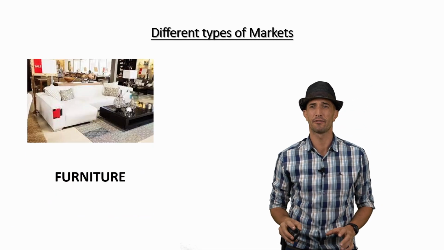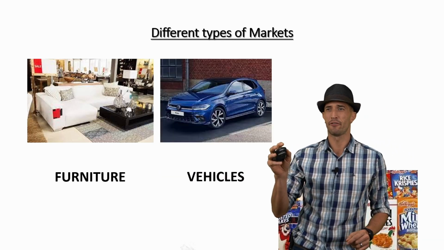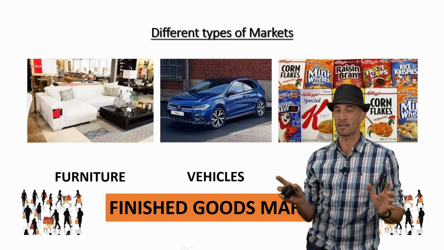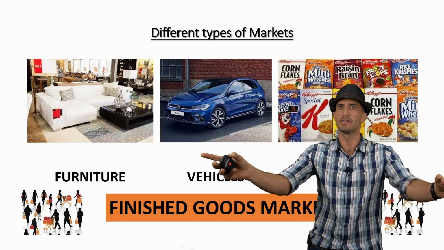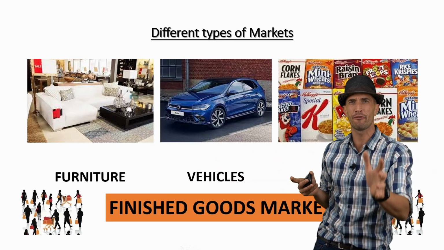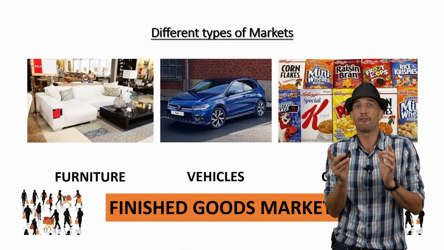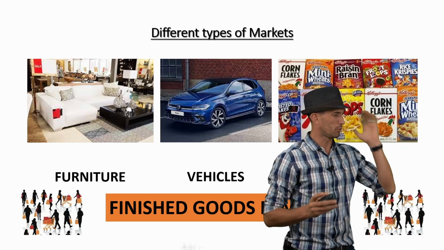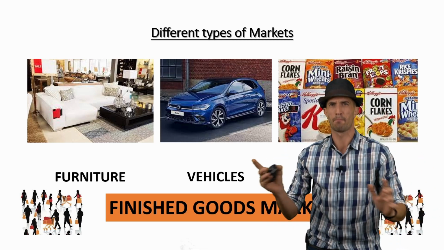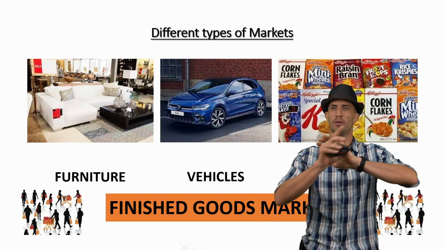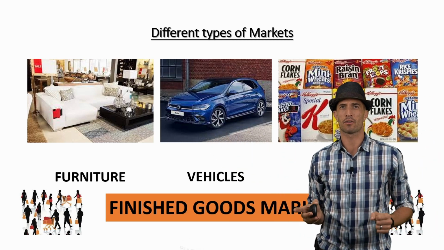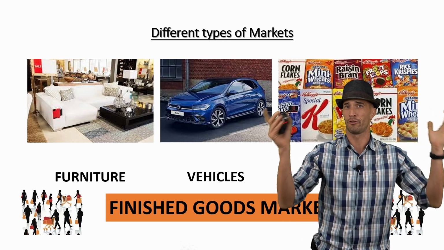So let's talk about the different types of market. We have our finished goods market. This is what we all know. As consumers, this is what we buy. When we want to buy furniture or a car or cereals, we're buying at the finished goods market. We go to OK Furniture or Checkers or Pick n Pay or Dirk Ellis, wherever we buy our cars or cereal or furniture from.